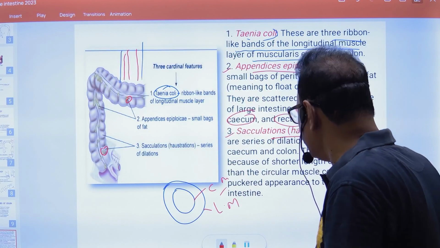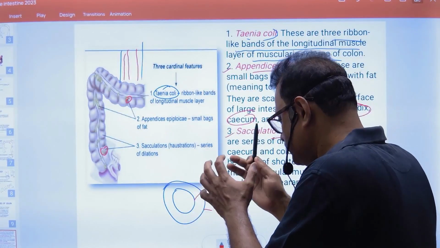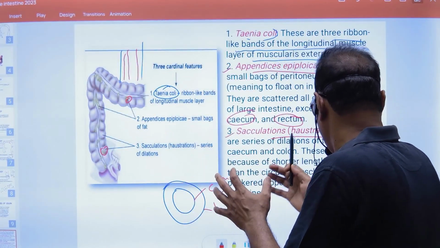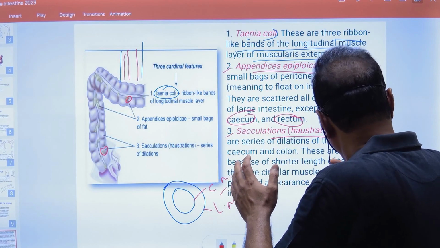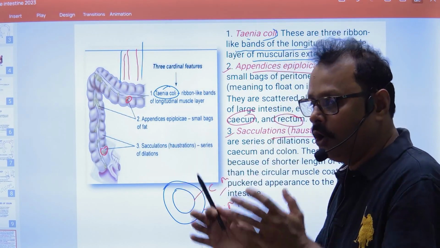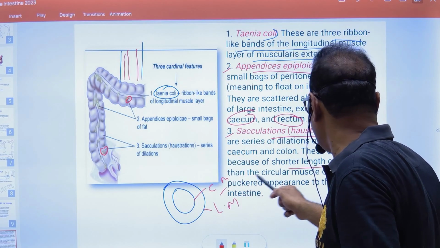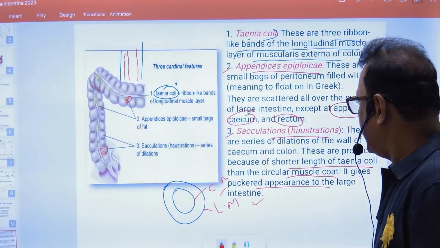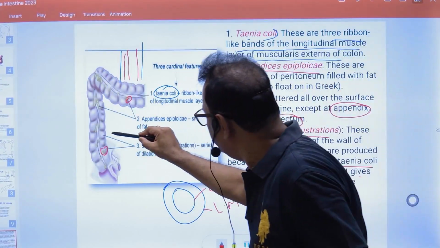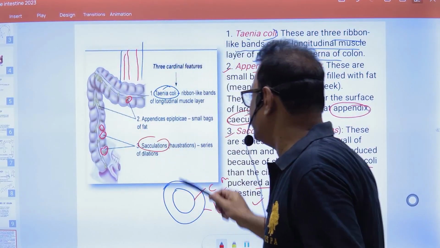So the circular muscle becomes shorter in length to accommodate the longitudinal muscle. They are produced because of the shorter length of the tinea coli than the circular muscle. It gives a puckered appearance to the large intestine. We will see later. Yes, this one is the haustration.